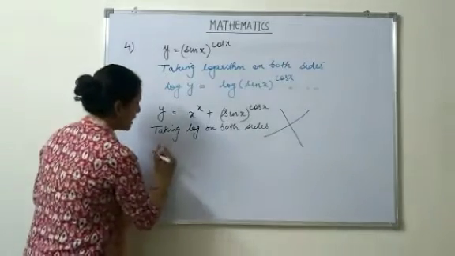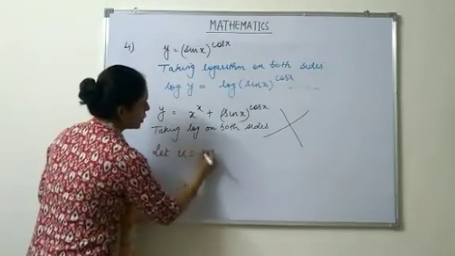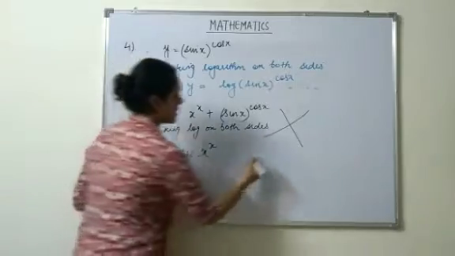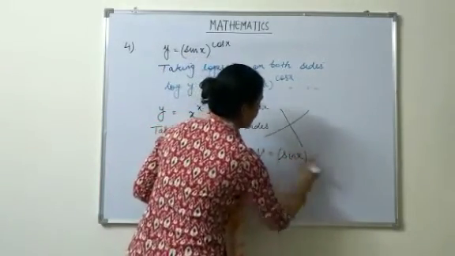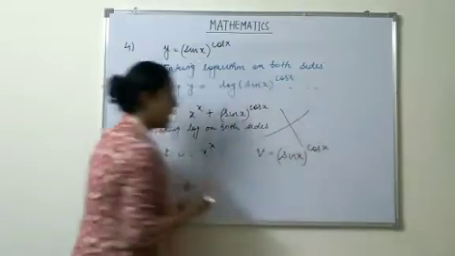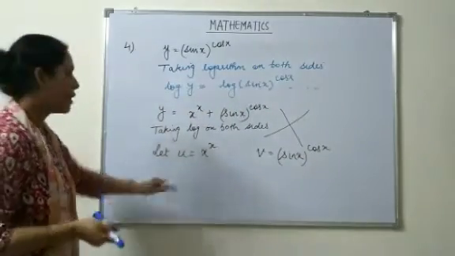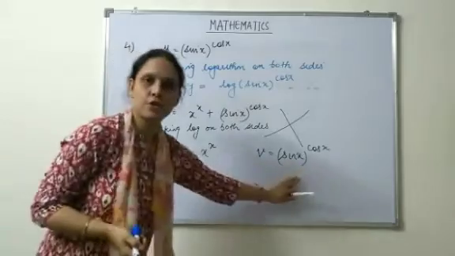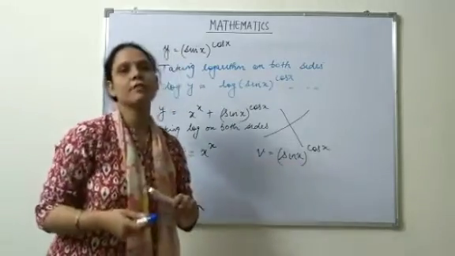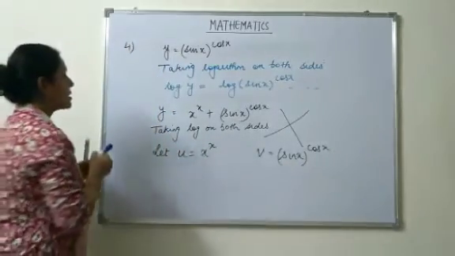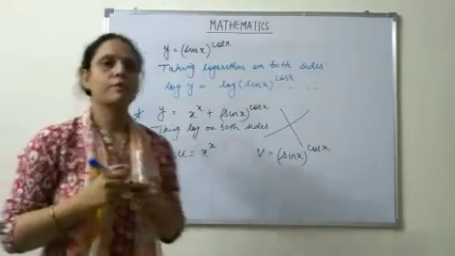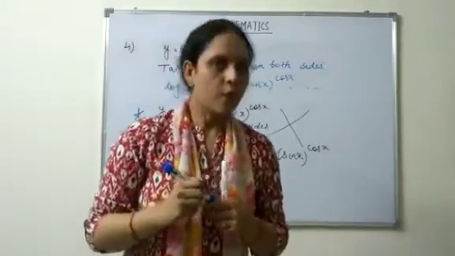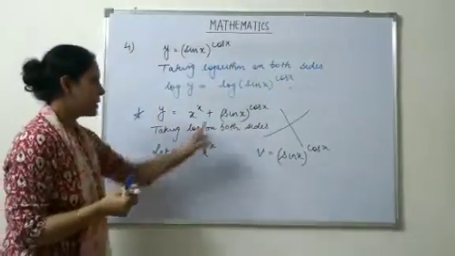Let u is equal to x to the power x and v is equal to sin x to the power cos x, and then you have to take log of both the functions separately and then proceed with the working. And children, this is very, very important because logarithmic differentiation is very important from the point of view of your board exams. So please avoid this mistake.